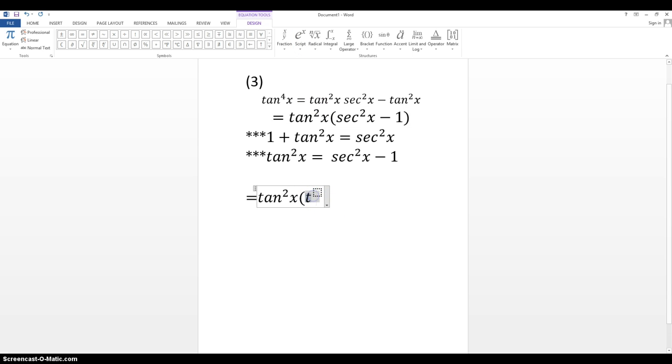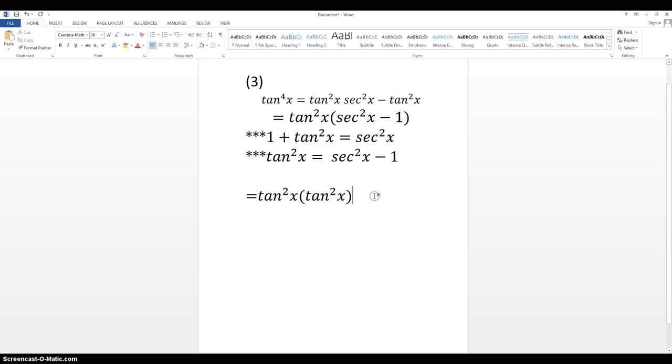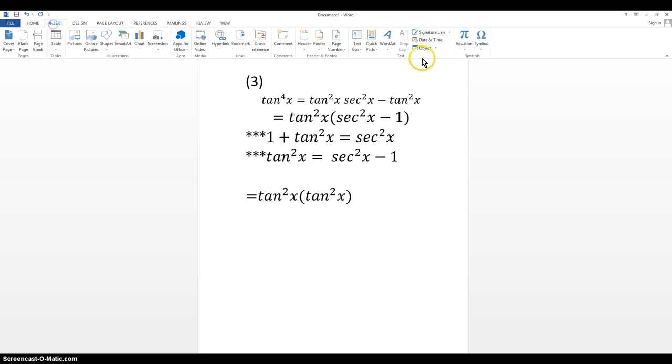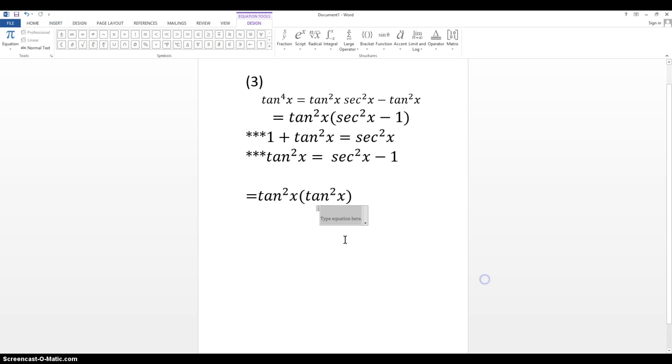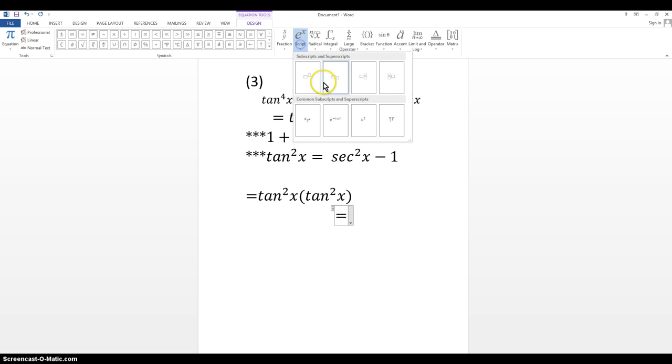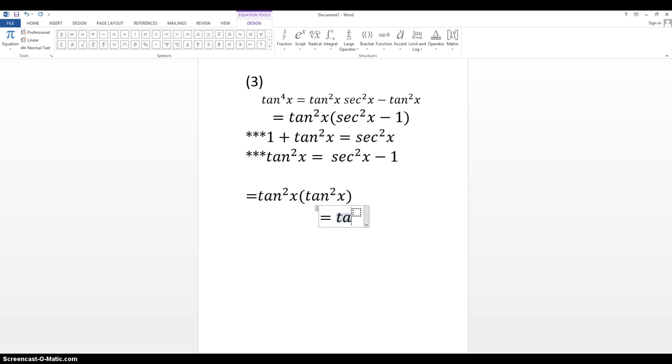So let's go ahead and type that in. I basically have tangent squared of x times tangent squared of x. Well, we can multiply those out, and when you multiply tangent squared times tangent squared, you should get what? Tangent to the fourth of x.